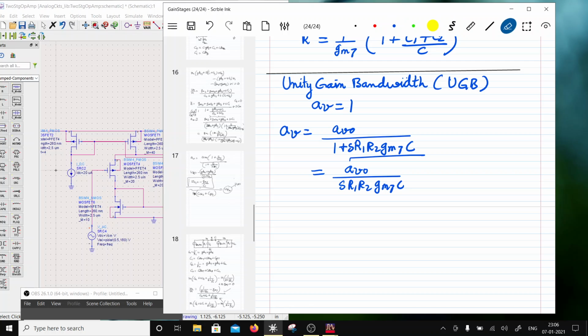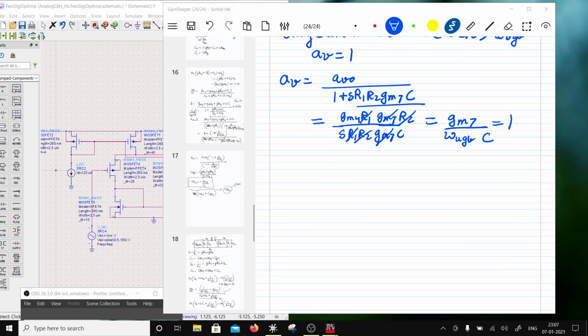And what is AV0? AV0 is nothing but GM4 R1 GM7 R2. So GM7 cancels out, R1 R2 cancels out, so I am left with GM7 over S. S in this case is omega, let's put this omega UGB, times C. This is equal to 1.